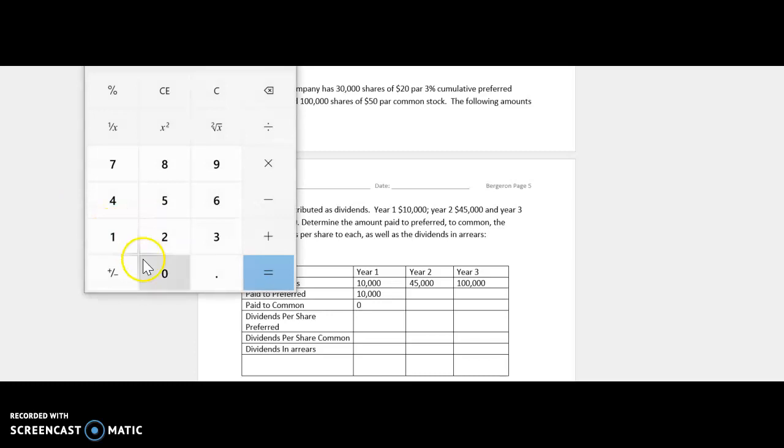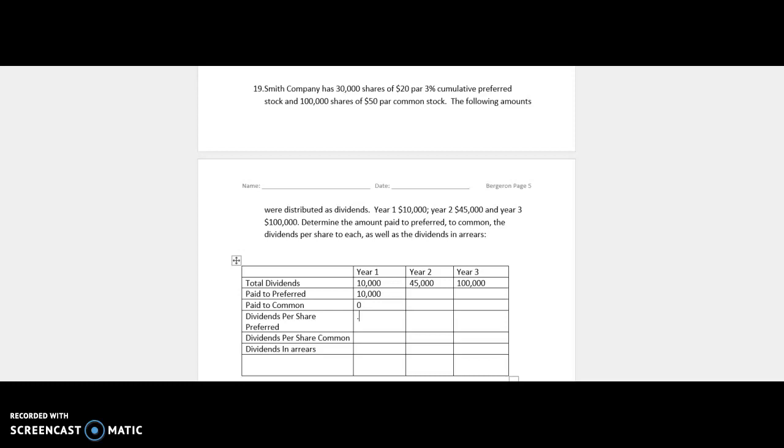So if you take 10,000 and divide it by 30,000, you're going to get 33 cents for dividends per share for preferred, and then common gets 0. Dividends in arrears, we were supposed to pay them 18. We only paid them 10,000, so we have $8,000 of dividends in arrears that we owe preferred stockholders.